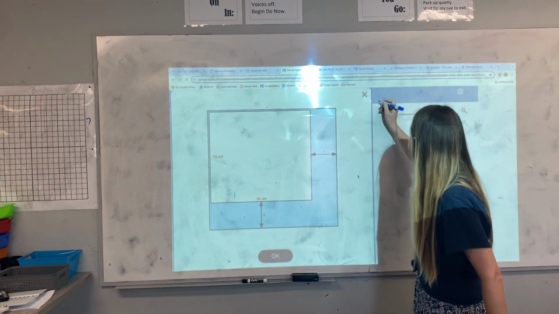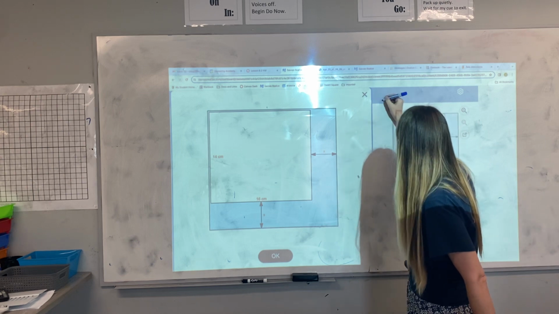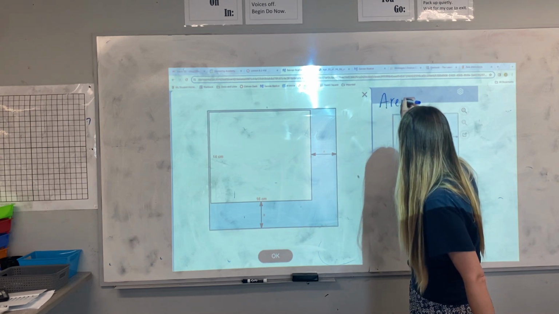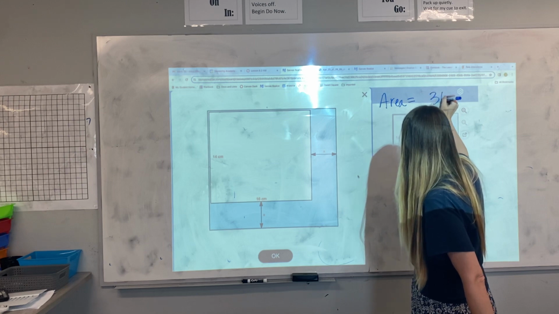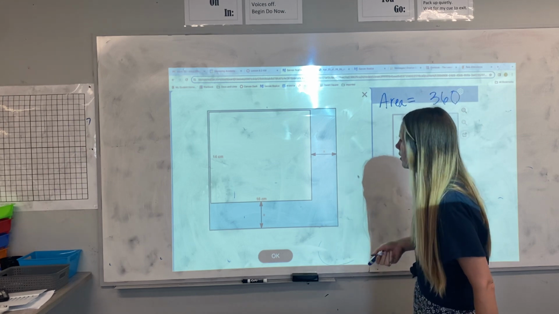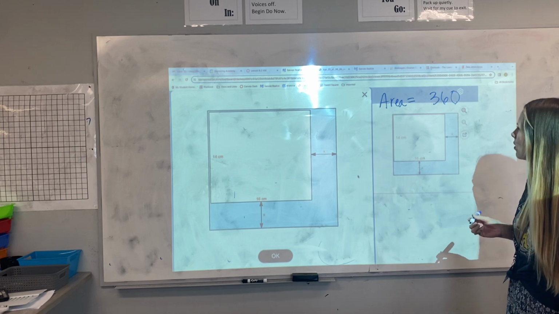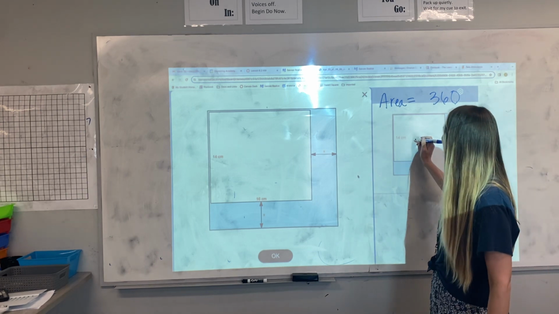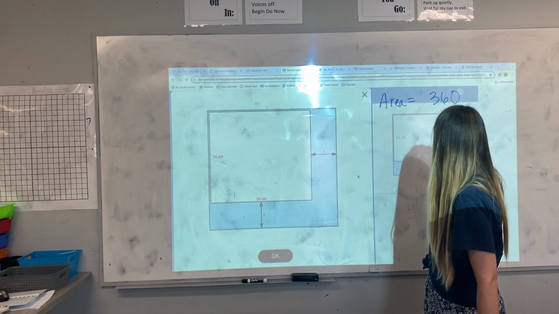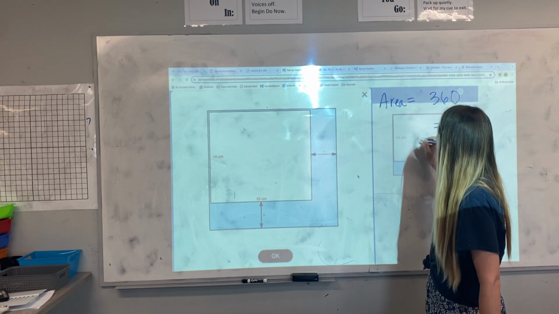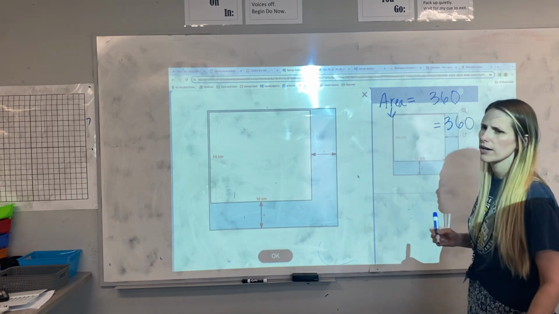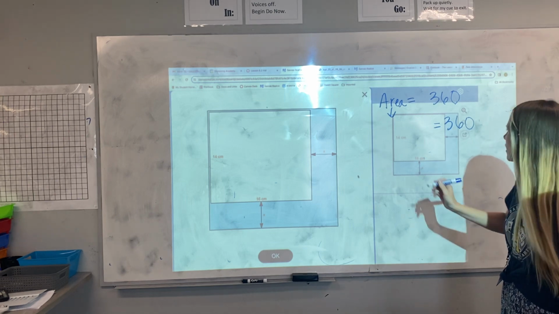So area, I'm just going to write over this, don't worry about this picture. Area equals 360. This is a rectangle, right? What is the formula for area? Length times width.